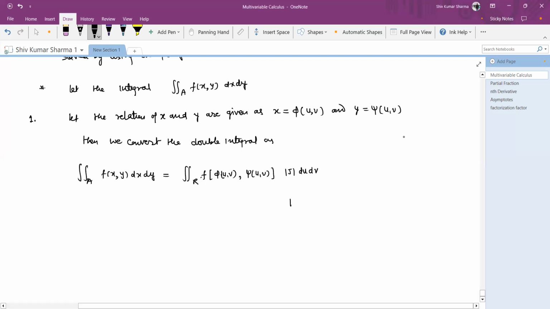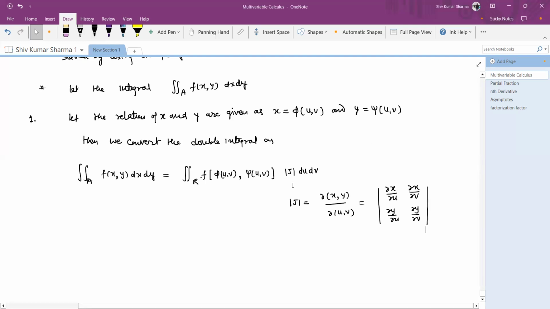So what is the meaning of Jacobian here? Because x and y are functions of u and v, the Jacobian J represents del x y upon del u v. This can be written as the determinant with del x upon del u, del x upon del v, del y upon del u, del y upon del v.